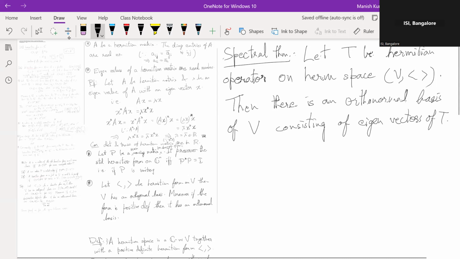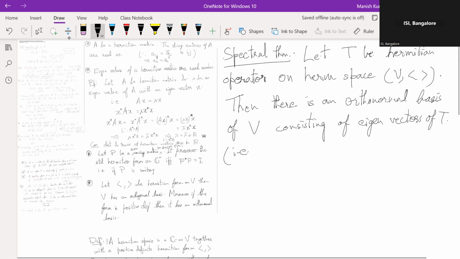In particular, that tells you that the matrix of T with respect to any basis is diagonalizable, because it is diagonalizable with respect to this basis. So if you have a Hermitian matrix, note that Cn with the standard Hermitian form is a Hermitian space, so it gives you a Hermitian operator on Cn, because with respect to the standard basis, the matrix is that matrix.